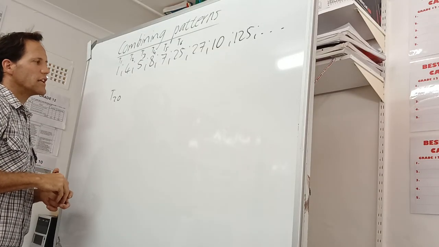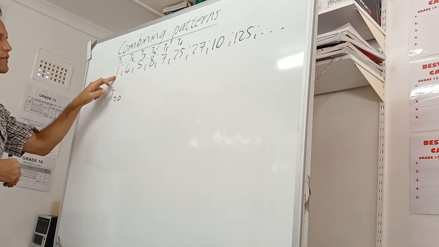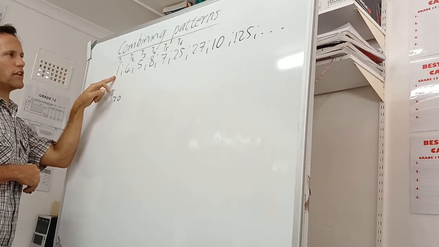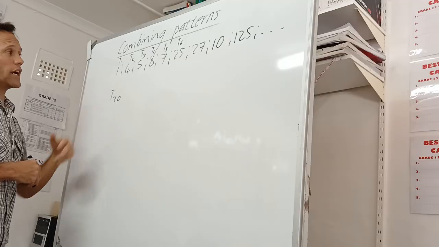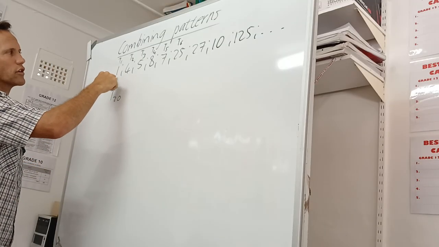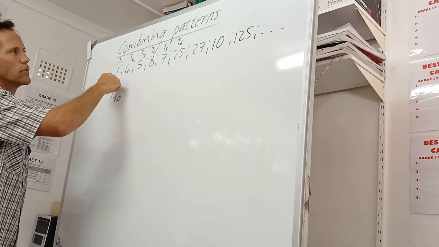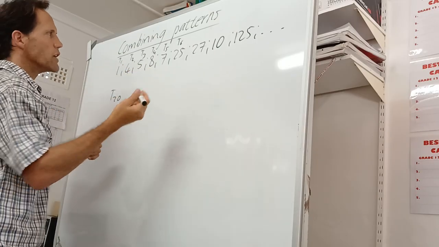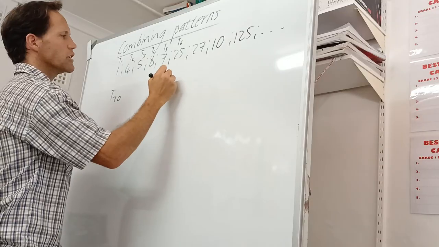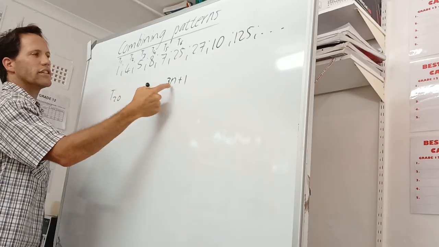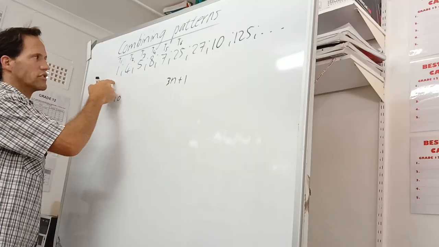So if you consider the first one, term 1, and you say multiples of 3 to that, you're going to get 3, so we're going to have term 1, plus 3. If you want to, you can even do this, it's going to be 3n plus 1, because 3 times 0 is 0 plus 1 is term 1.